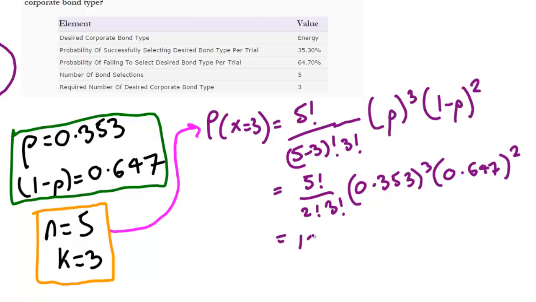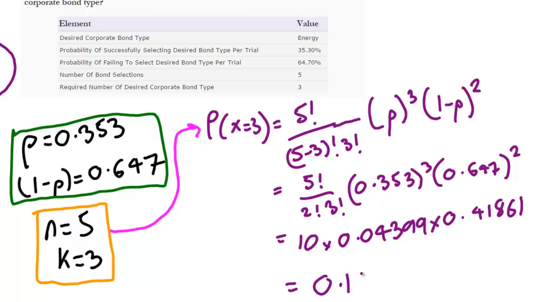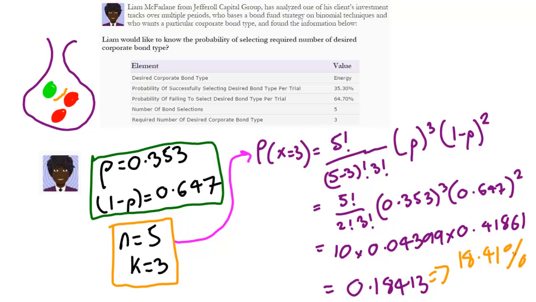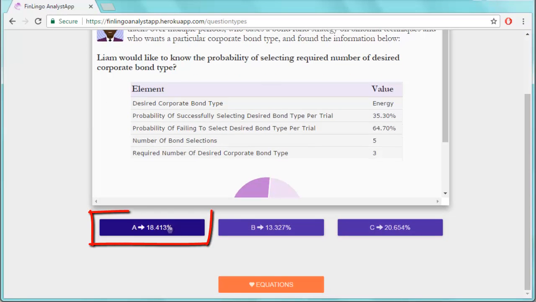And that's equal to 10 times 0.004399 multiplied by 0.41861, which is equal to 0.18413, or 18.41%. Let's get back to Finlingo and check if this works out. Find the right answer, select it, then move on.